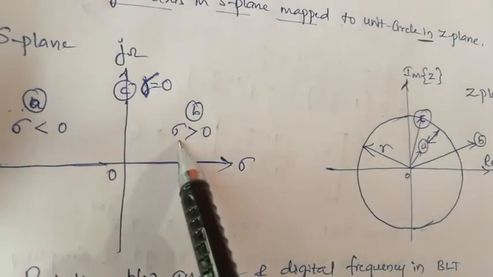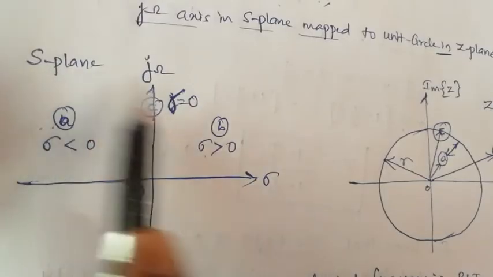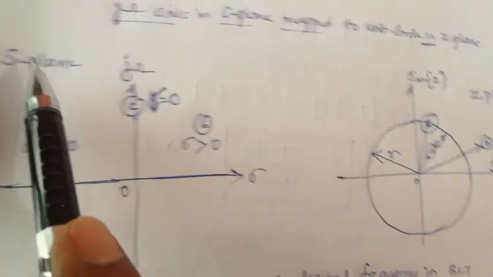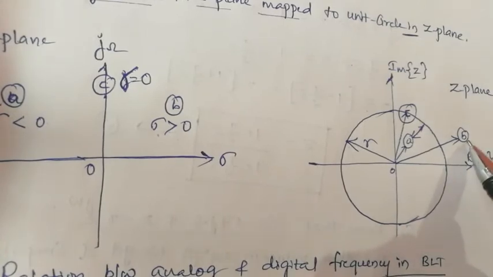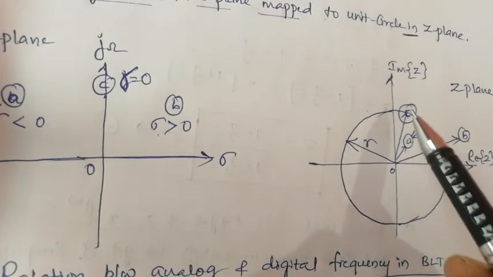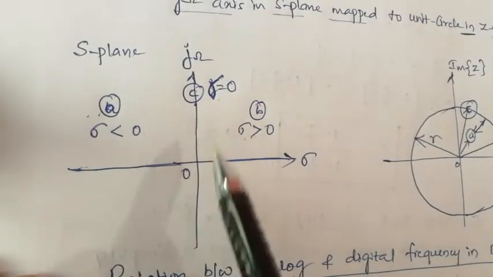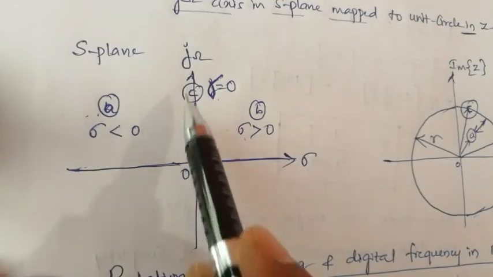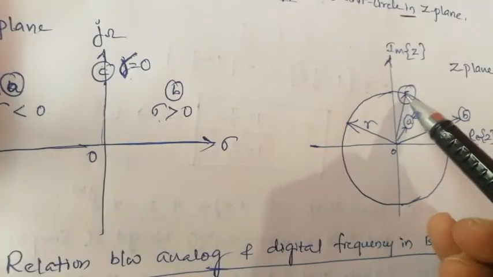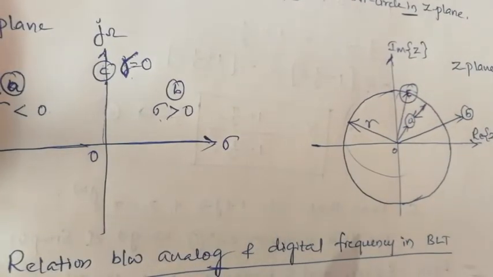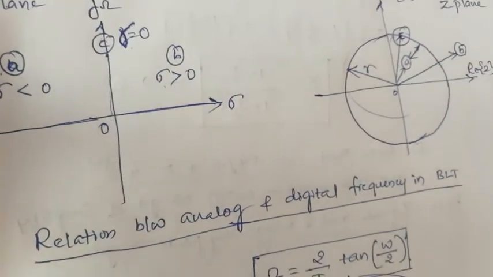Second case, if sigma is greater than 0, it is the RHS of S plane, and that is mapped outside the unit circle of Z plane. Last case, sigma equal to 0 means the vertical axis, the j omega axis, the imaginary axis, and that is mapped onto the unit circle. These are the three cases of mapping from S plane to Z plane.